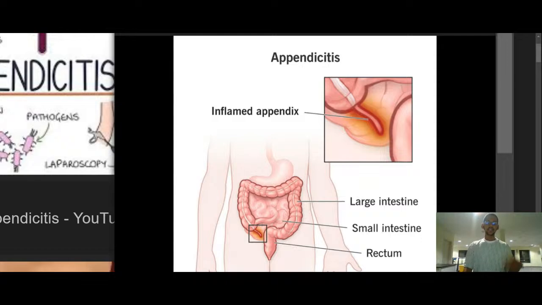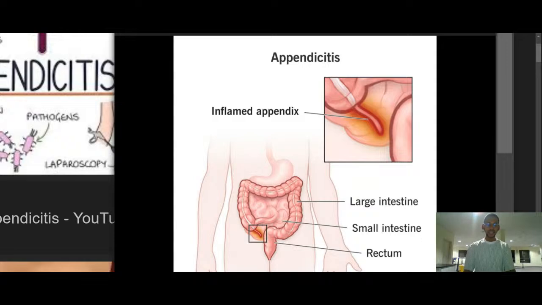Risk factors include age, so it's most common among individuals between the ages of 10 and 30 years old. The risk does decrease with age in older adults. Males are more likely to develop appendicitis than females. Family history puts you at risk of appendicitis. A diet very low in fiber and rich in processed foods can also contribute.